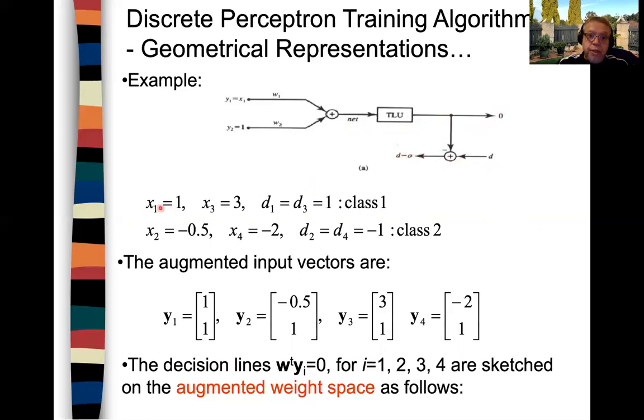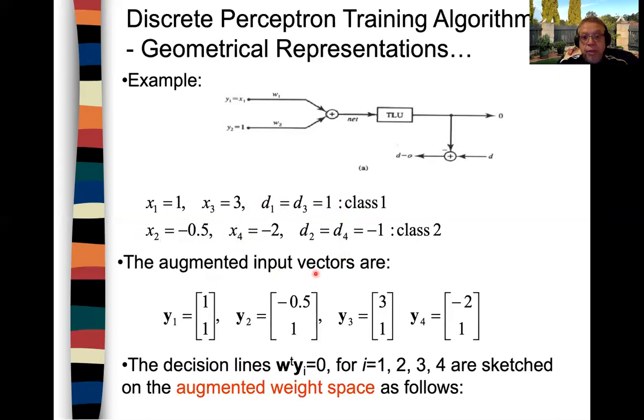And again, I assume that I have 4 patterns, x1, x2, x3, x4, and that the odd ones, x1 and x3, belong to class 1, while x2 and x4, the even ones, belong to class 2. So the desired output for x1 and x3 is 1, and the desired output for x2 and x4 is minus 1.